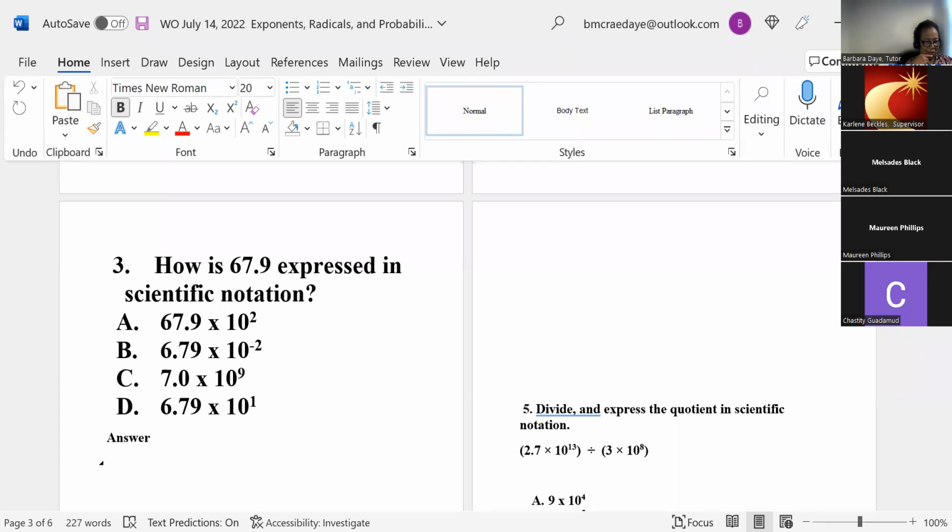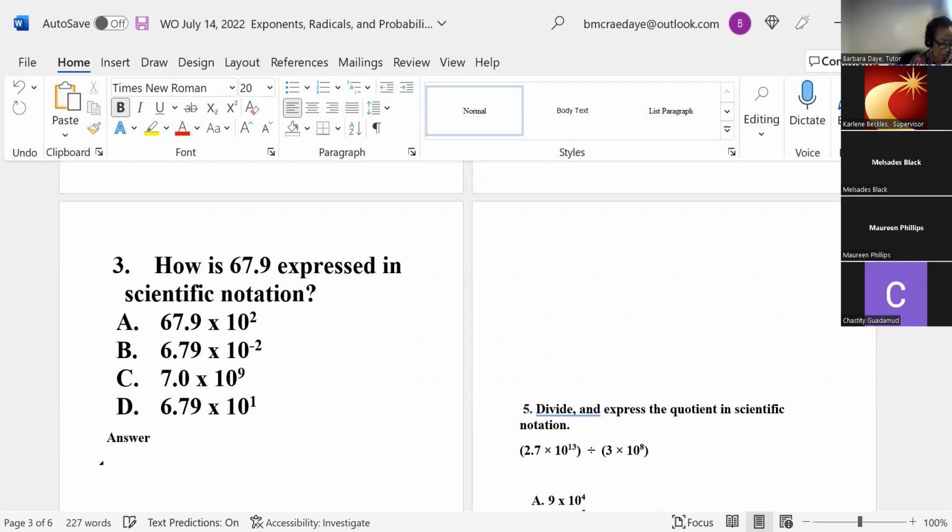So it must be 6.79 times, which is between 1 and 10. You moved it one place to the left. So what's the answer? D.